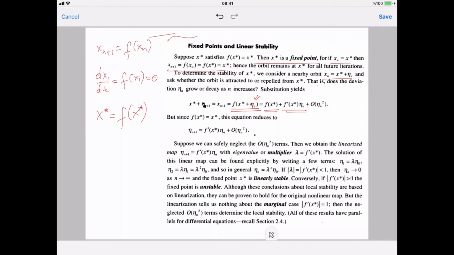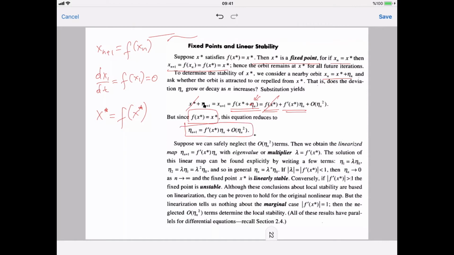Since f of x star equals x star, this one takes care of that one. Do you understand? So you are left with this equation.